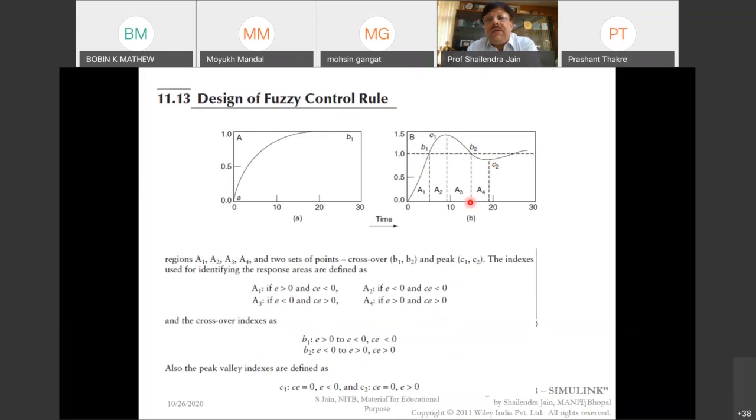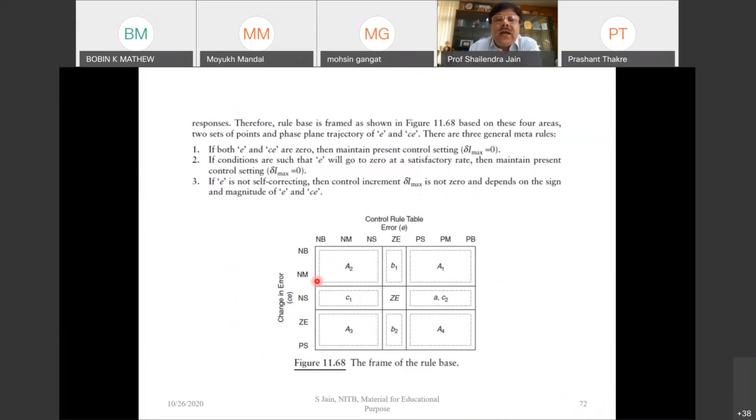So you can see the entire 49 rules are now classified into 9 zones. This is the area where 3 by 2, 3 by 3, there is some variation here, 0, negative. 3 into 3, 9 rules, another 9 rules, another 9 rules, another 9.